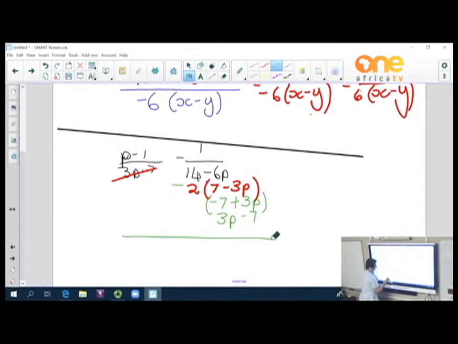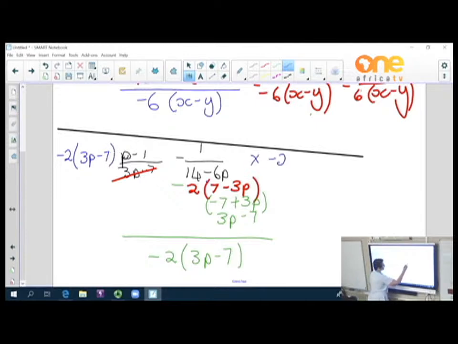So now my LCM is going to be -2, 3p minus 7. That is my LCM. So I multiply here with -2, 3p minus 7, and I multiply here with -2, 3p minus 7. And I can cancel.